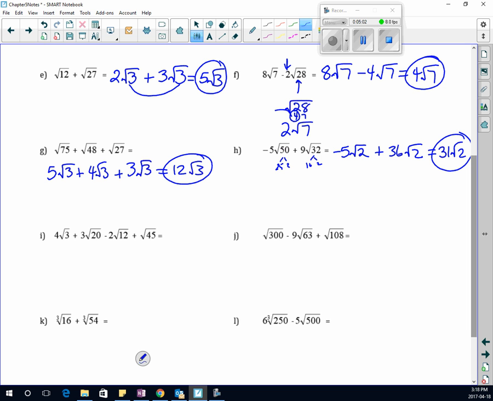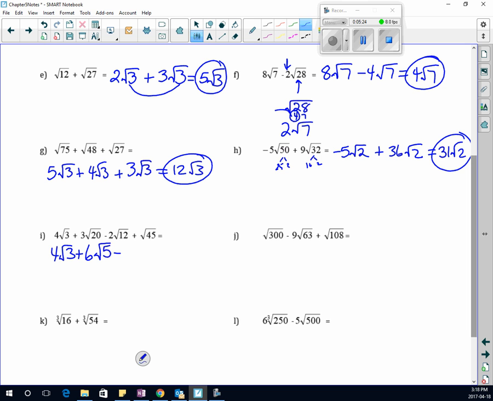4 root 3, can't do much with that, so I'm just going to rewrite it as 4 root 3. The 20, I can take out a 4. Square root of 4 comes out, and I get a 2. And it gets multiplied by 3, so I get 6 root 5. A 4 can come out of 12, so that's another 2 when it comes out.